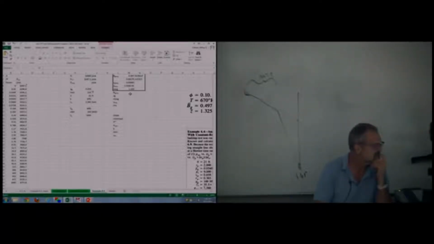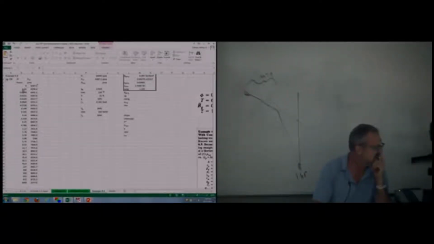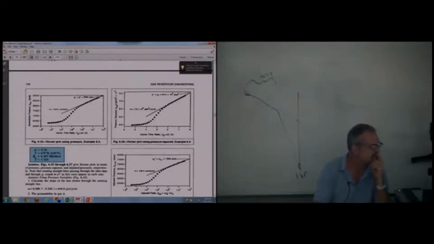I don't think we need to do anything yet. Let's look at our time and pressure. Let's get it from our textbook. What do we start at, 120 or something?